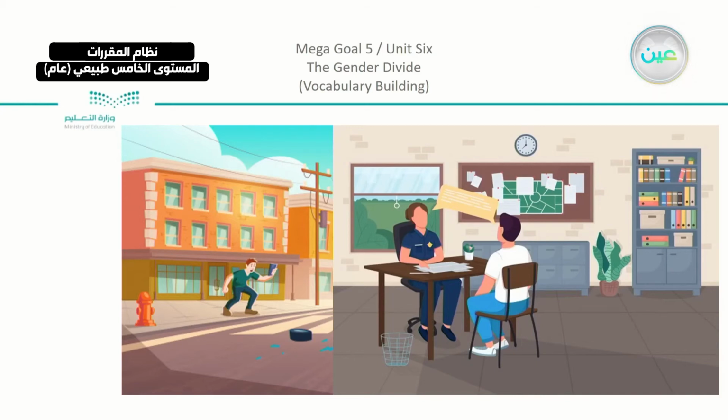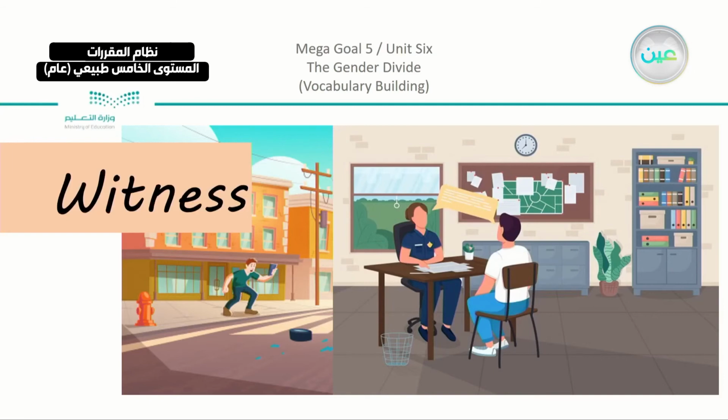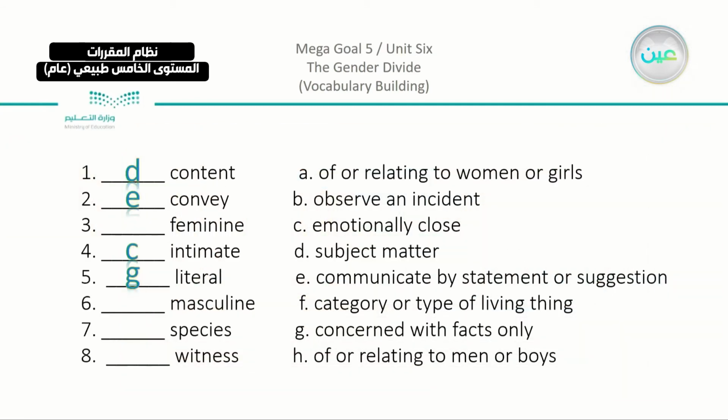So the word witness here can be either a verb or a noun. And in either way, we can see directly that it is related to B, observe an incident. We saw something, an incident, it can be something positive or negative. We observed it. It can be used as a noun or as a verb.